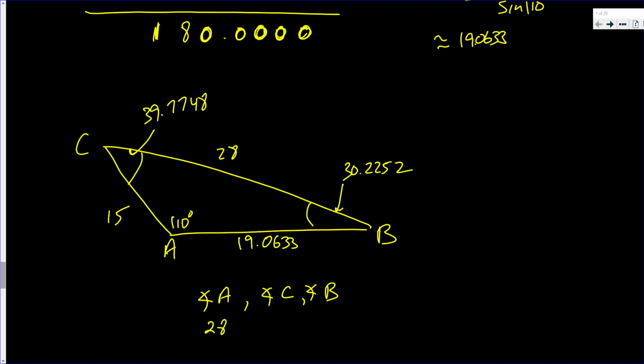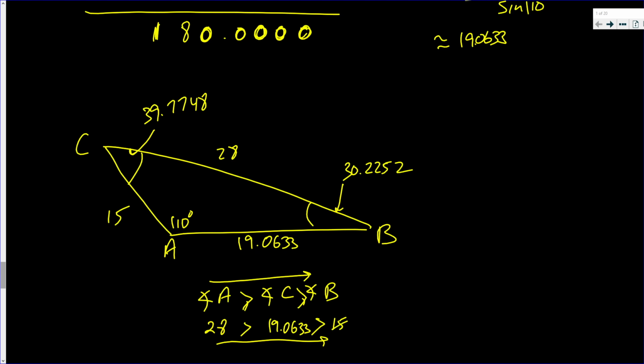Opposite A, opposite C, and opposite B. These angles were going down, so the lengths should be going down. That is, angle A is bigger than angle C, which is bigger than angle B, and 28 is bigger than 19, which is bigger than 15. It's somewhat of a check.